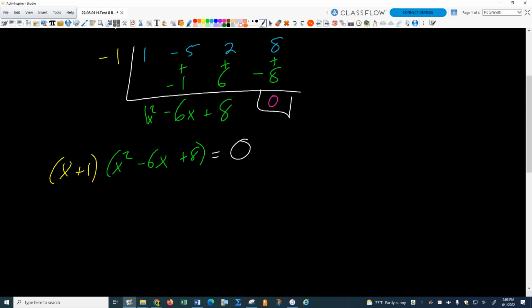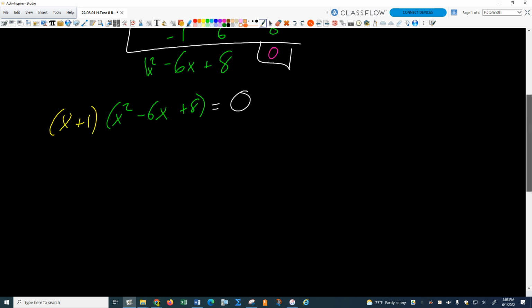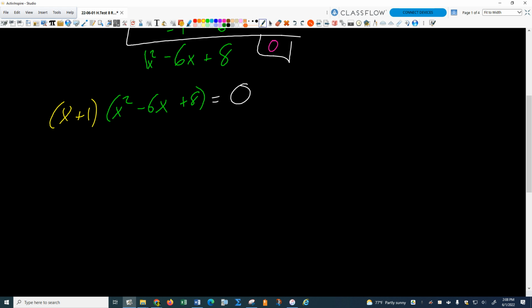Can we go further? Can we factor the green even further? What are the magic numbers? -4 and -2, yeah. So now we know we've got x plus 1 times x minus 4 times x minus 2 equals 0.